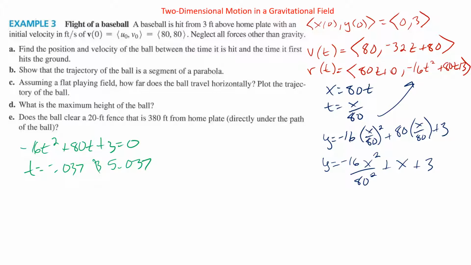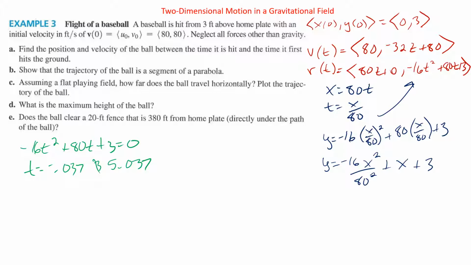The negative 0.037 obviously doesn't make sense in the problem because you hit it at 0. That negative would be if the ball went from your back to negative time to hit the ground. Yeah, it doesn't make sense.